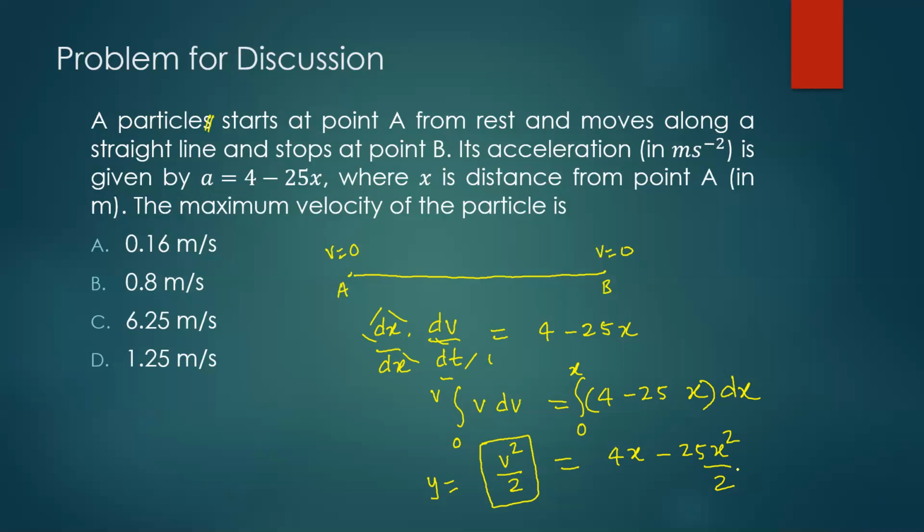If the coefficient of x square is negative, then in between there will be a maximum. So y versus x graph would be something like this. Are you okay? So now, because at the end points we have 0, that means the maximum will be exactly in between.